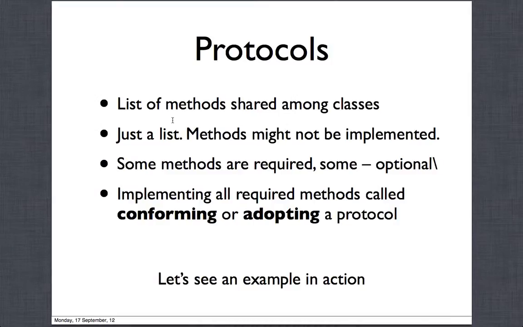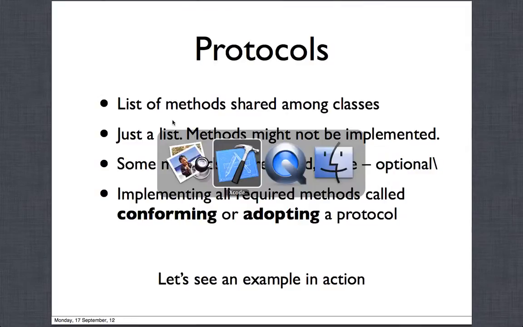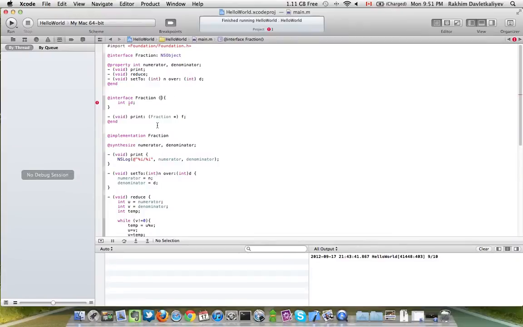Some methods in your protocol could be required and some could be optional. And if a class implements all the methods that are required, we can say this class conforms to a protocol or adopts a protocol. And again, let's just see an example.